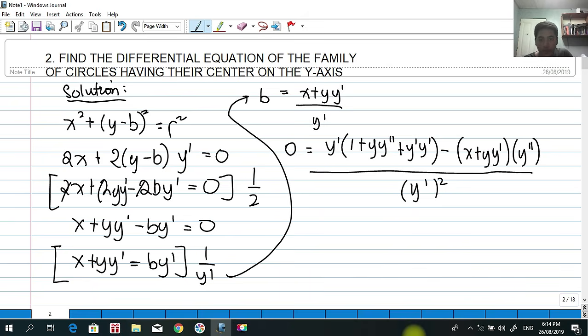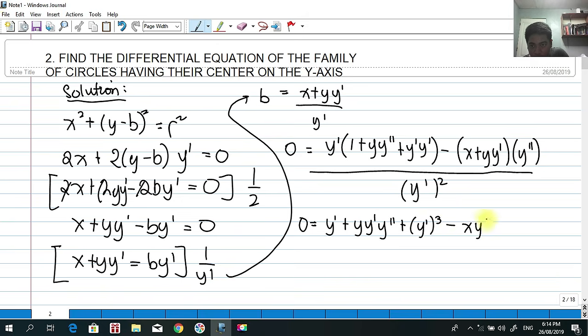Okay, so we're going to simplify this. So we have 0, we have y prime plus y prime y double prime plus, of course, this is y prime squared. So we have y prime cube. y prime times y prime is y prime squared multiplied by another y prime, that's y prime raised to 3 or cube.